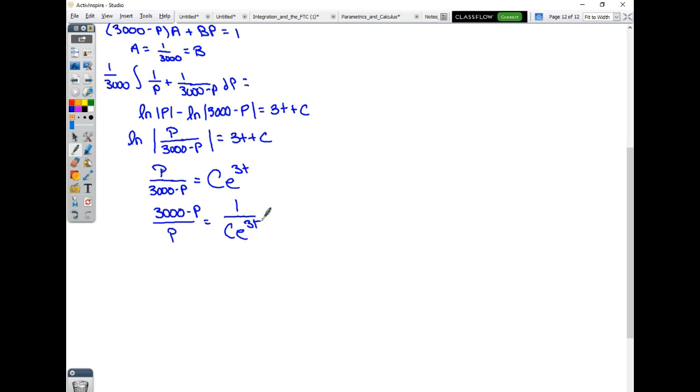Essentially, I took the reciprocal of each of these terms. While it doesn't look like I did much, I can now rewrite the left side as 3000 over P minus 1, because this can become P over P equals 1, equals 1 over C e to the 3t.